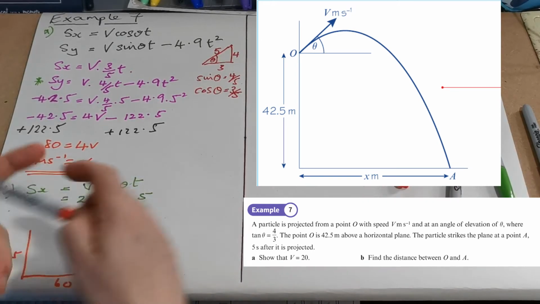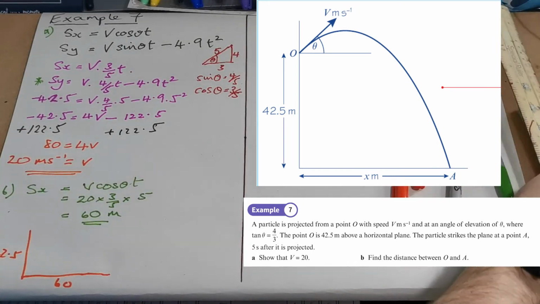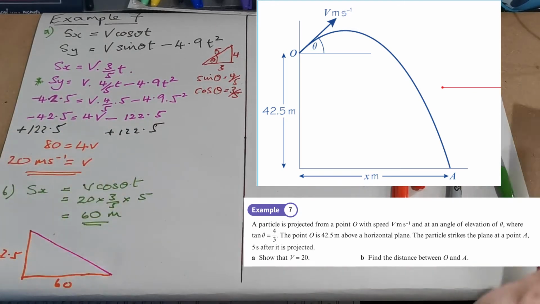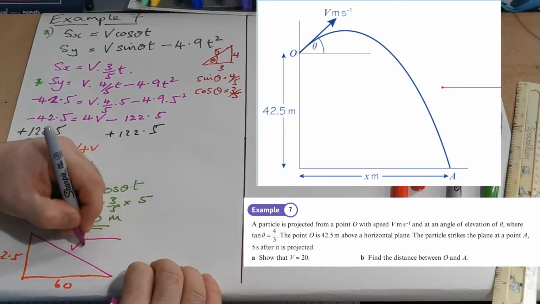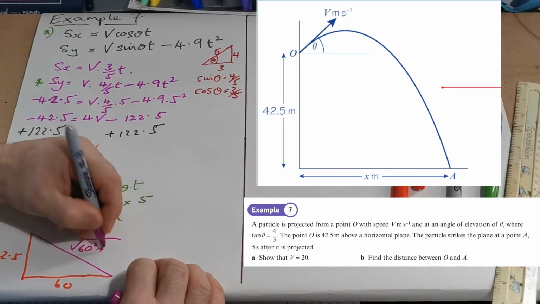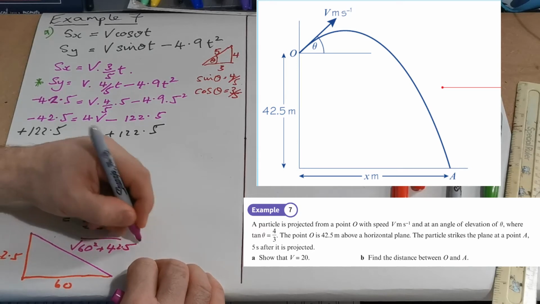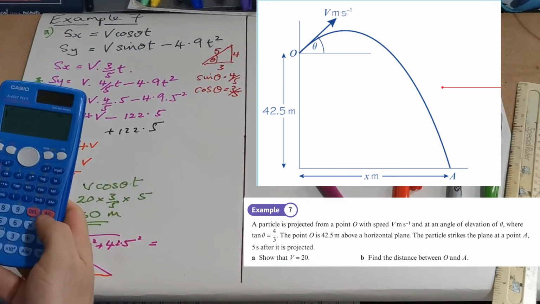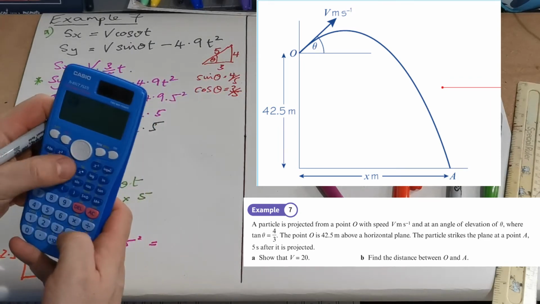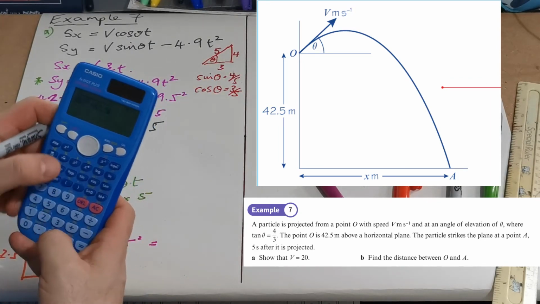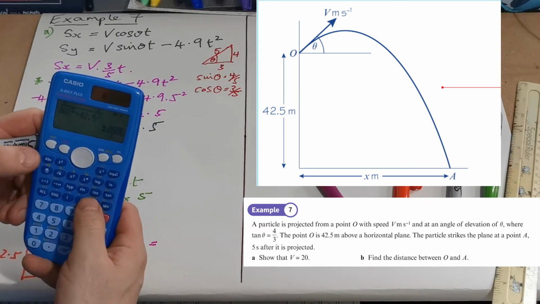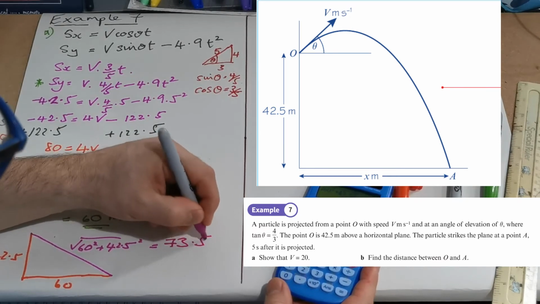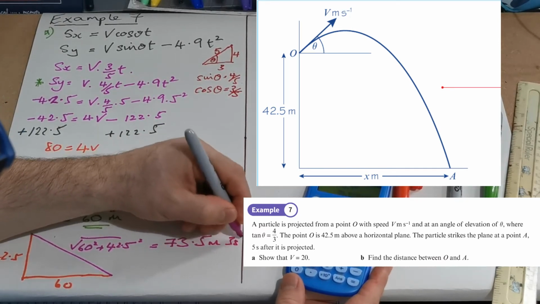So the distance from O to A, which on the diagram is this distance, is equal to the square root of 60 squared plus 42.5 squared, which equals 73.5 meters to 3 significant figures.